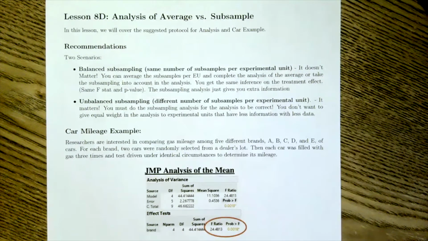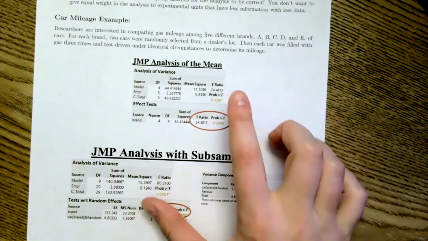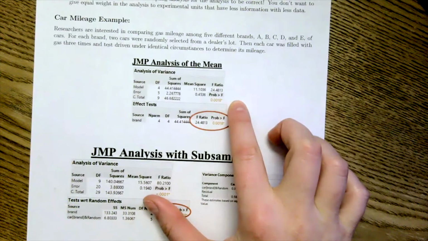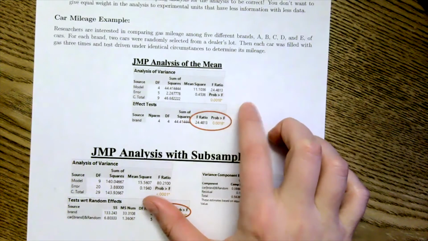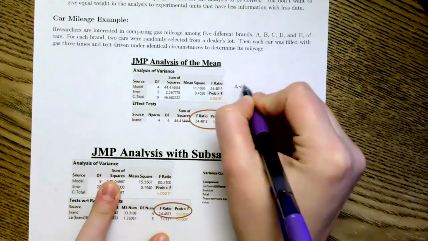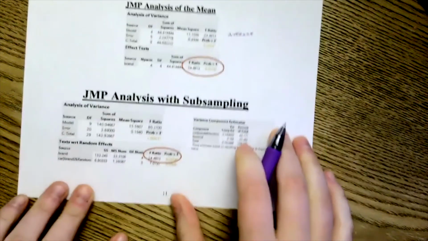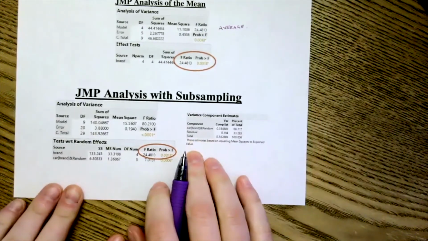Okay. So let's look at what I mean through the car mileage example. Here, I didn't put the data. You should have the data on the other lessons. I have the JMP analysis for the mean, for when we average, and then when we have subsamples.